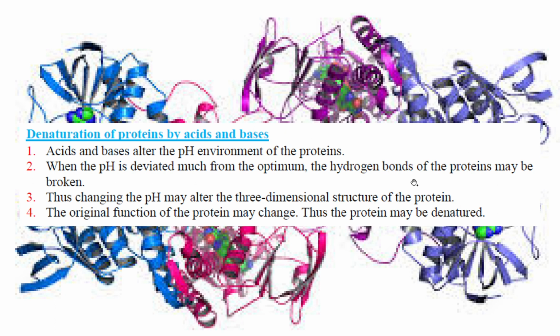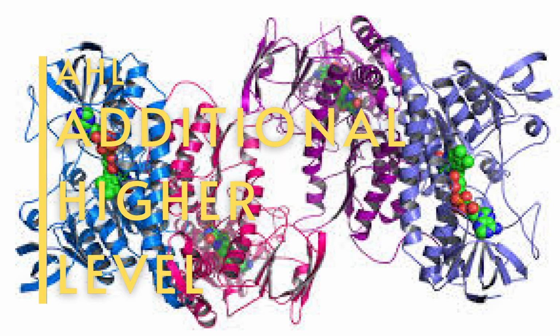Deviate from that, the hydrogen bonds of the protein may be broken and also may change the 3D structure, and then it may be denatured. So the same concept, remember, not breaking the protein. Change of its structure is enough to denature it, to force it to lose its function.